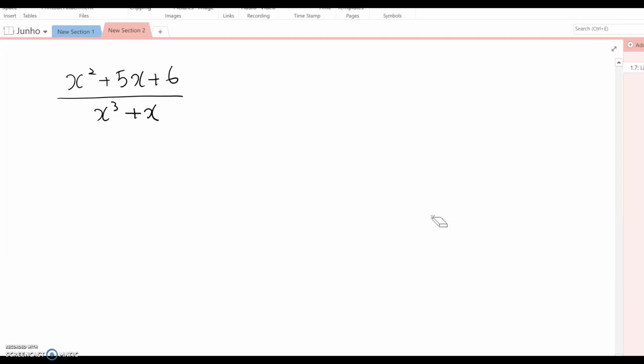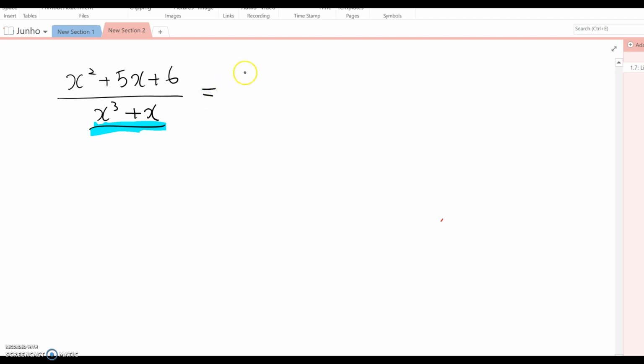So next question is (x squared plus 5x plus 6) over (x cubed plus x). As you see, this rational expression's denominator is not factored yet. So the first step is factoring the denominator.